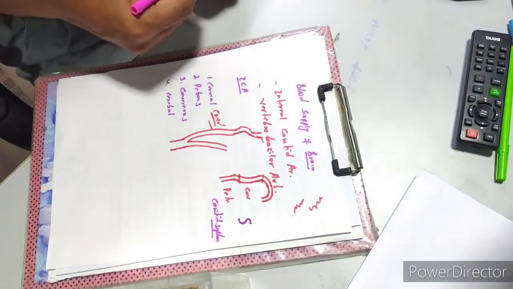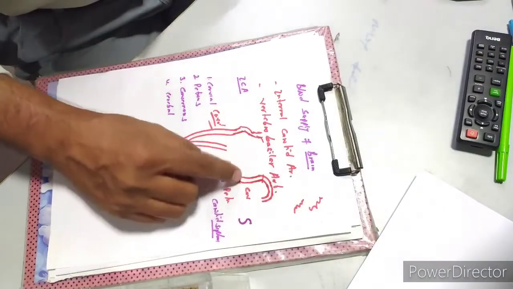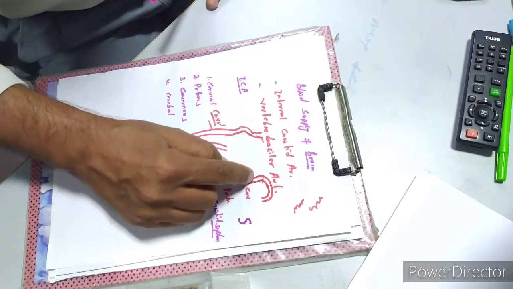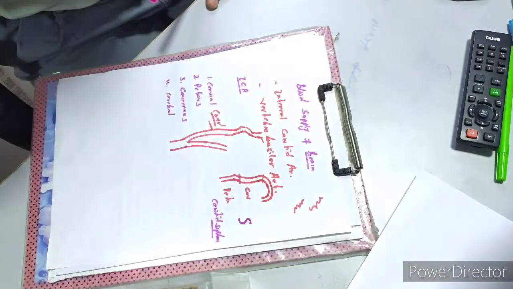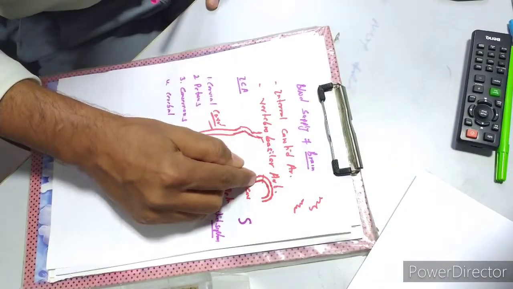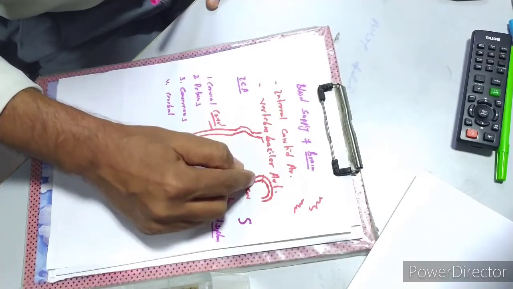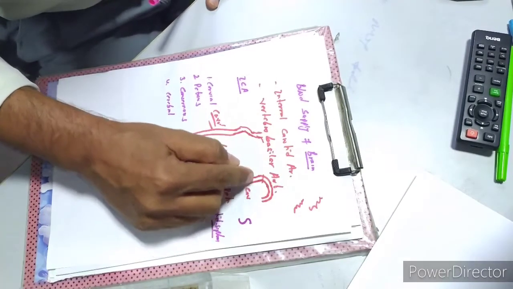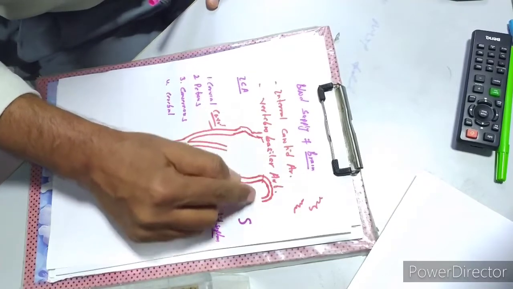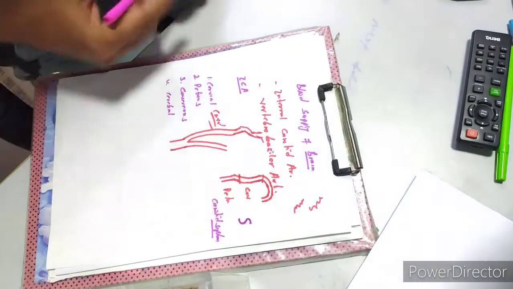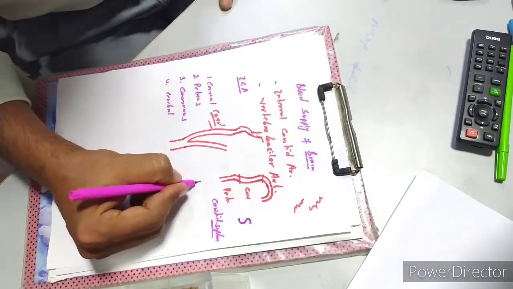Clear? Now, sometimes trauma to the internal carotid artery occurs in the cavernous sinus due to fracture of the base of the skull in an accident. So bleeding occurs in the cavernous sinus. So an arteriovenous fistula develops in the cavernous sinus, and this gives rise to pulsating exophthalmos.